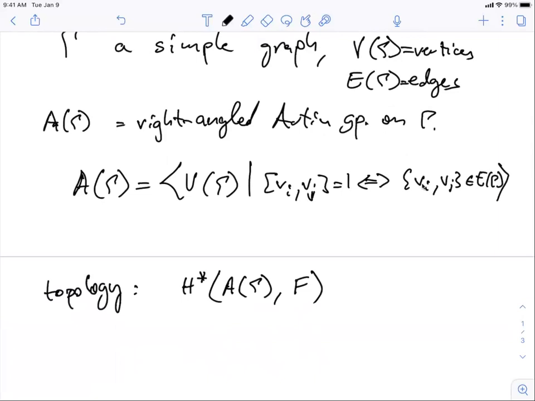By standard methods in geometry of non-positively curved spaces, this coincides with the cohomology algebra of a certain CAT(0) cube complex called the Salvetti complex. I won't belabor that point too much. Suffice it to say that it is an invariant of the group A of gamma.